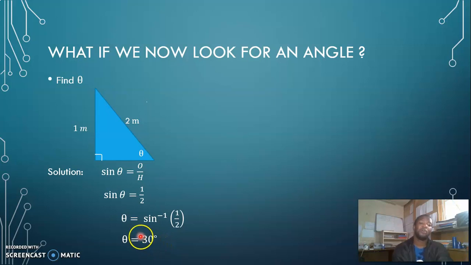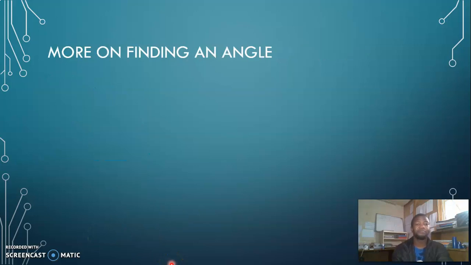Right. All right. Now, this is how we find an angle when we have been given sides using what? Using trigonometry. Right. Now, let's go more on angles. Ladies and gentlemen, you saw the earlier formula for an angle, which is theta is equal to the inverse of sine evaluated at opposite over hypotenuse.